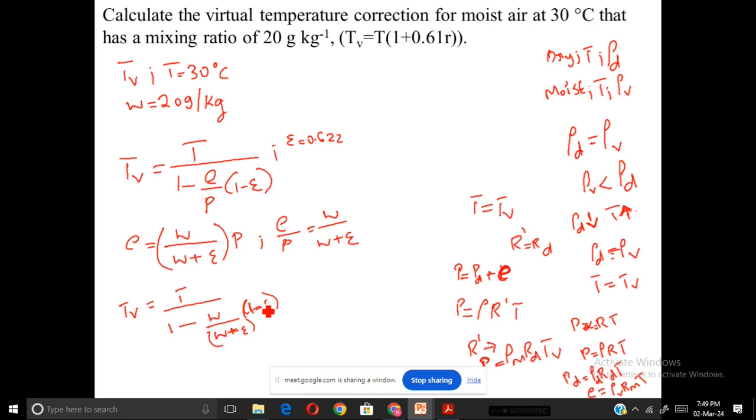It will turn out to be like this: W into 1 minus epsilon by W plus epsilon.